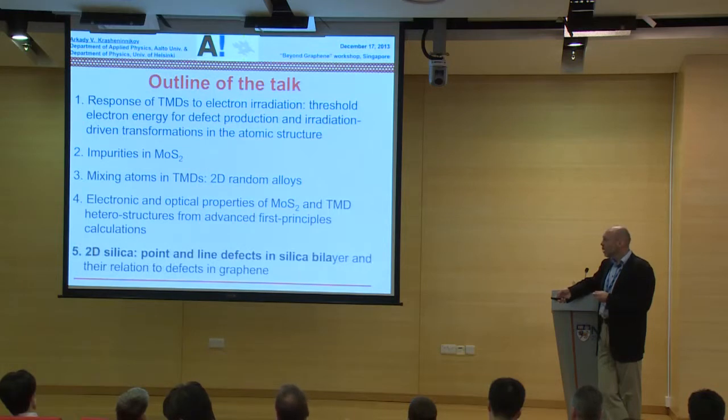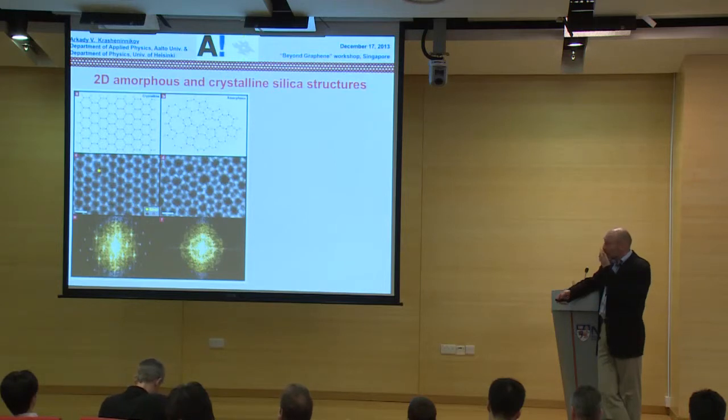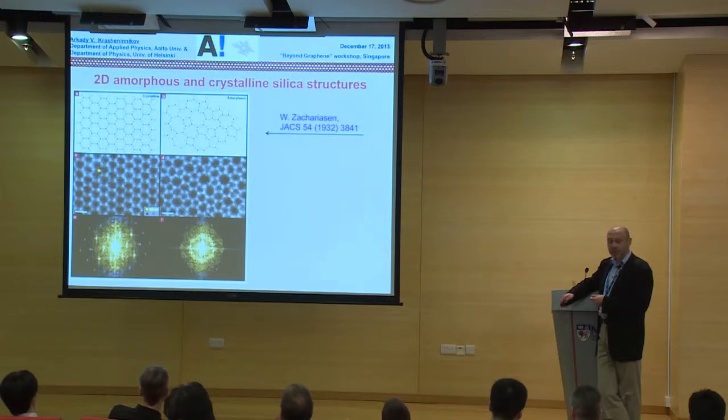Okay, now I'll move on to the last topic of my talk, about bilayer silica, its structure, and defects. So this is an old cartoon by Zachariasen, published in 1932, of this silica 2D structure.